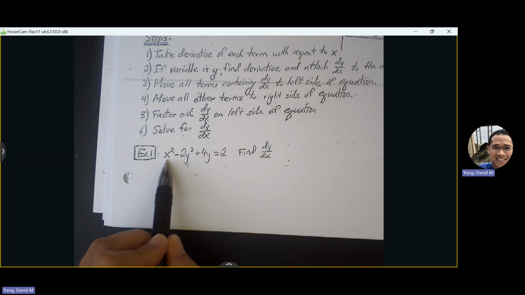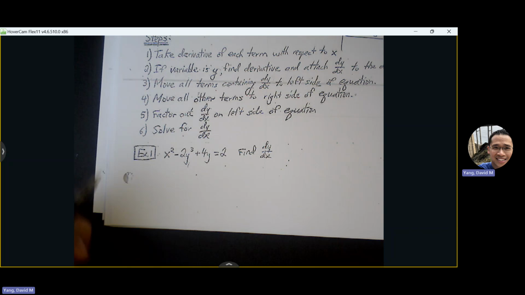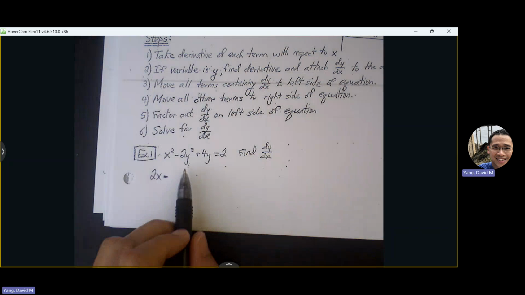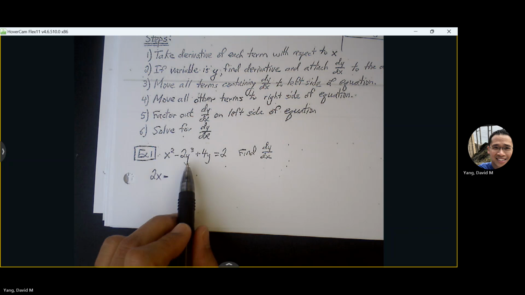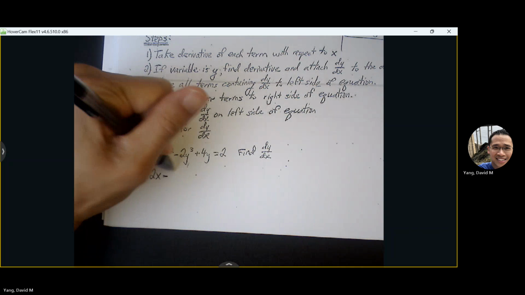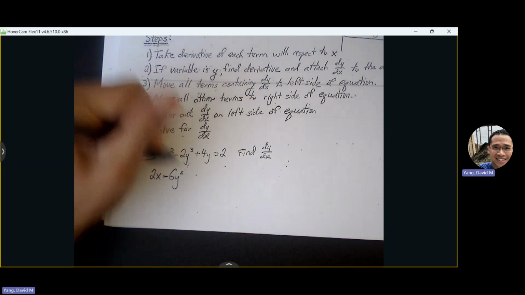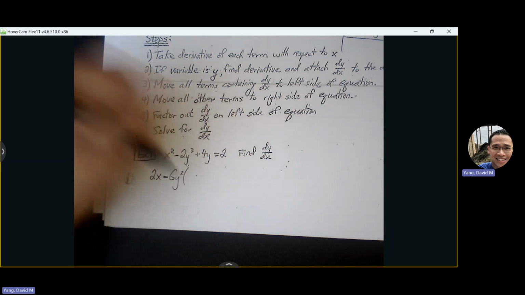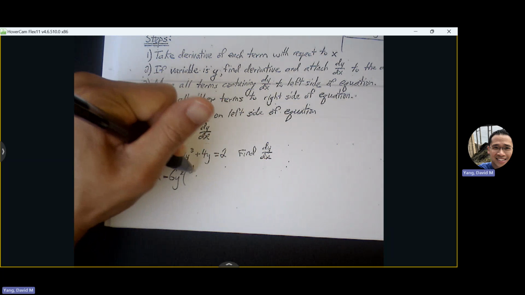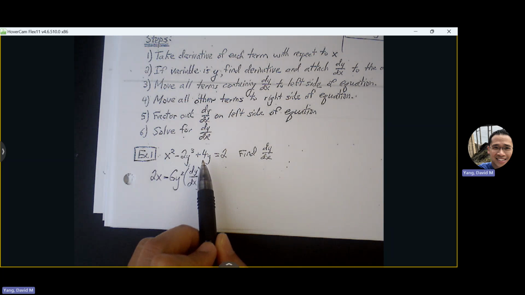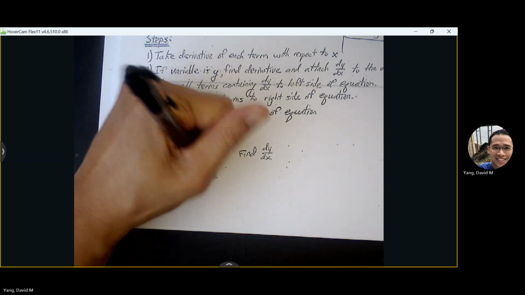Okay, so let's go down each term. x squared becomes 2x, good. Minus 2y cubed becomes minus 6y squared. We are asking for y's derivative, so we also need to include what? Times dy dx. Yeah, we need to include that derivative variable. Plus, okay, what's 4y's derivative? Just 4.